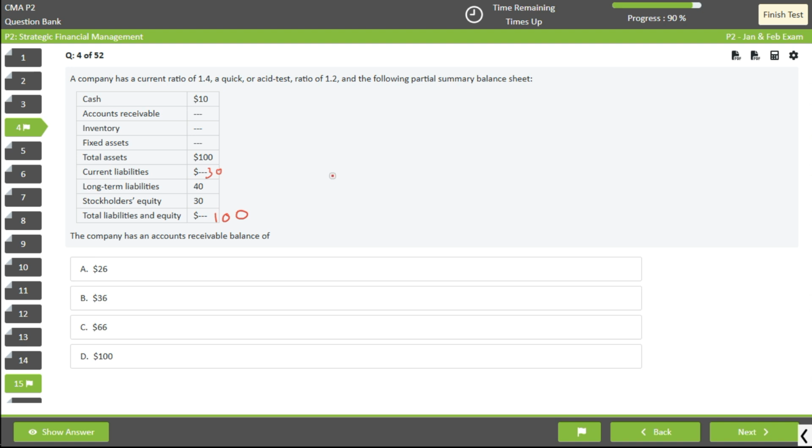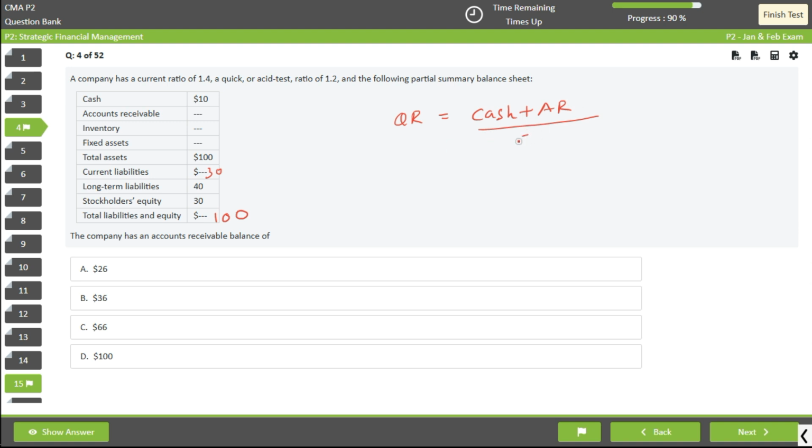Now let us find the accounts receivable. So quick ratio is equal to cash plus accounts receivable by the current liabilities.